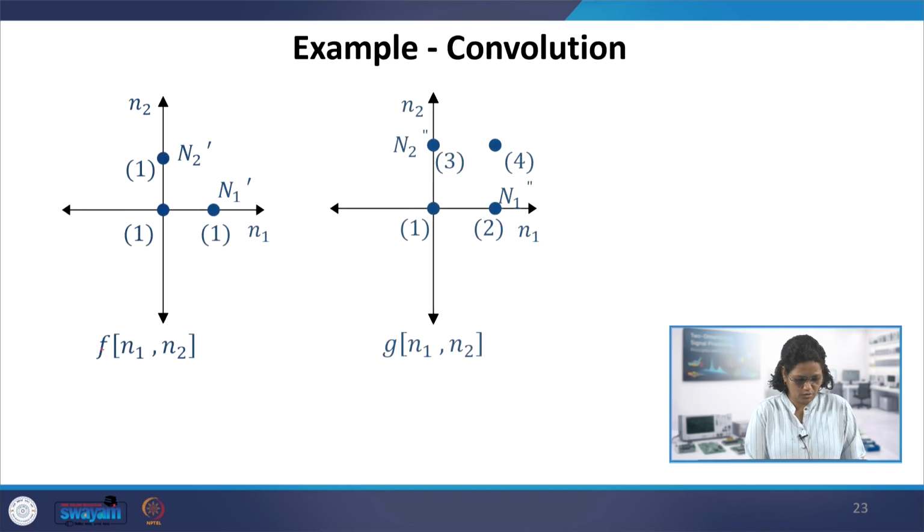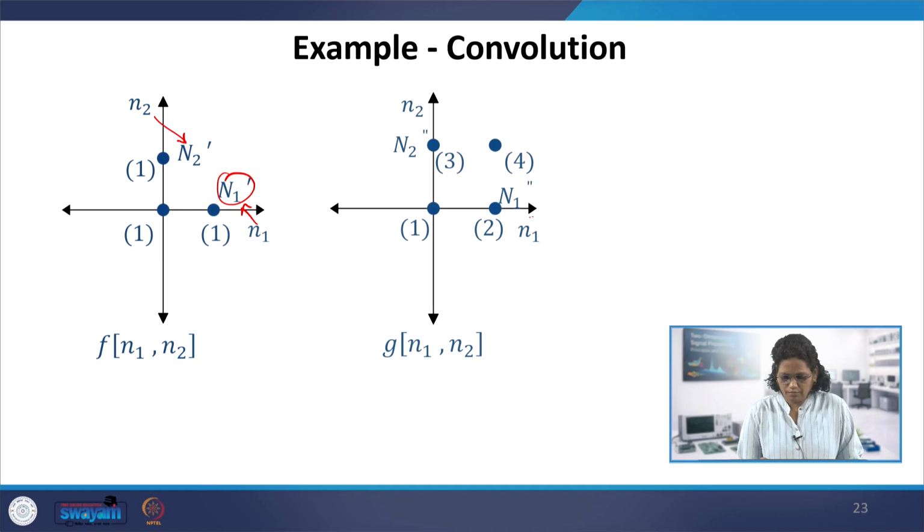So let us take a sequence f of n1 comma n2, which has finite length, with n1 up to n1 dash and n2 up to n2 dash. The values are 1 1 1, and the rest of the region is 0.